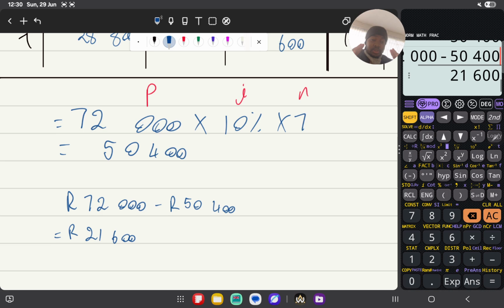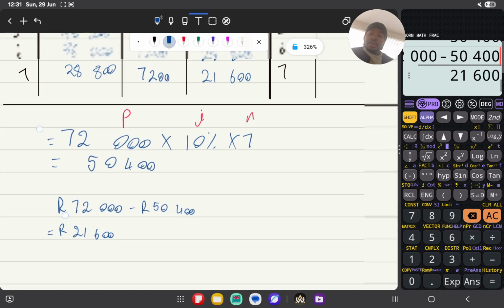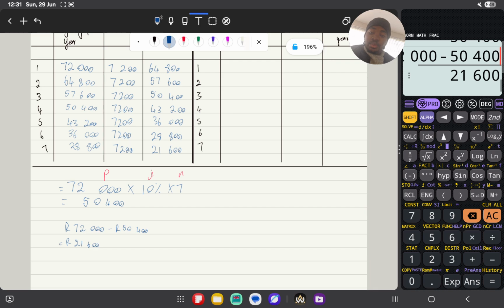Do you see what just happened? Let me show you what just happened. The amount here is the value that we had at the end of year 7. And for us to get that value, we minus this number. And for us to get this number, we did this multiplication.